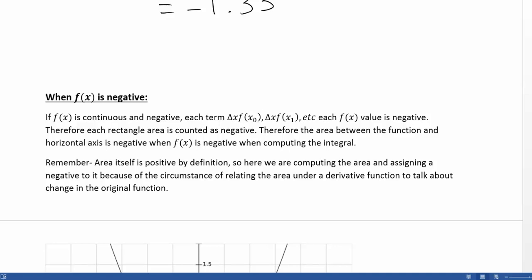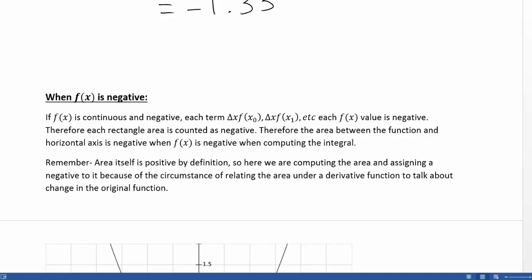Normally we ignore that when we talk about area, but in this context, each rectangle's area is counted as negative because that f of x value is negative. Therefore, the area between the function and the horizontal axis is going to be negative when f of x is negative when we are computing the integral.